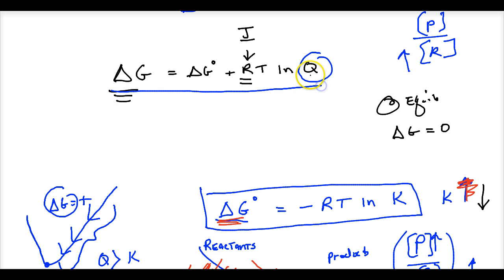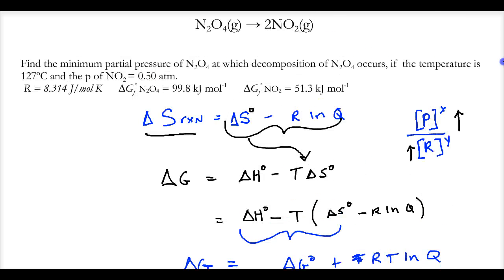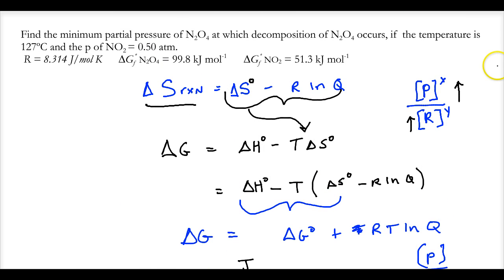And let's say we're going to solve for something in Q, like the problem above. Well, the problem above states to find the minimum partial pressure of the N2O4 when the temperature is 127 and the partial pressure is 0.5. So we're trying to find part of a Q.